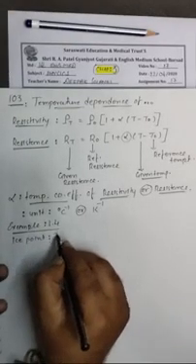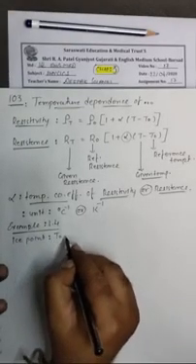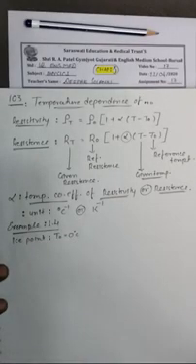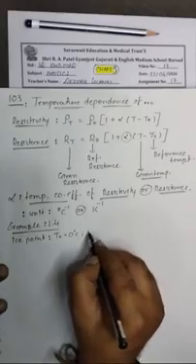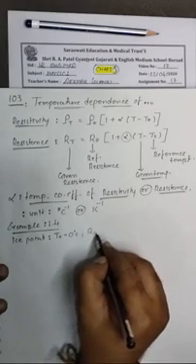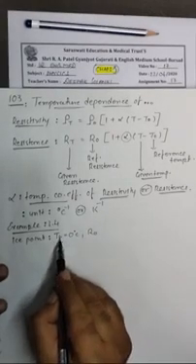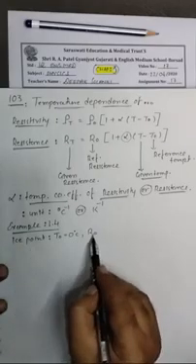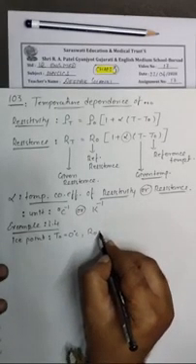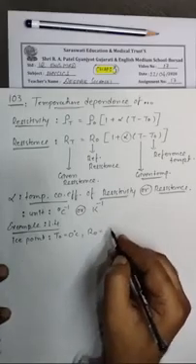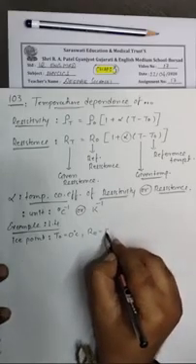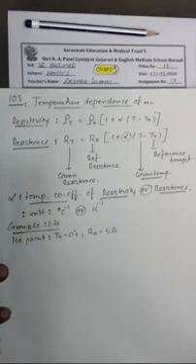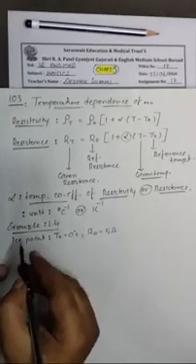It is the reference temperature and it is taken as 0 degree Celsius. At that time, the resistance given is R0, which is 5 ohm. Have you checked in your textbook?